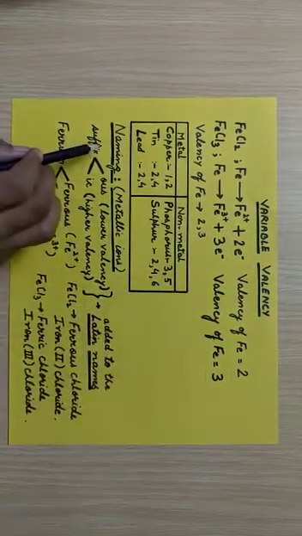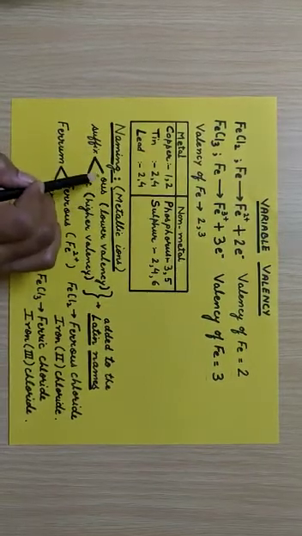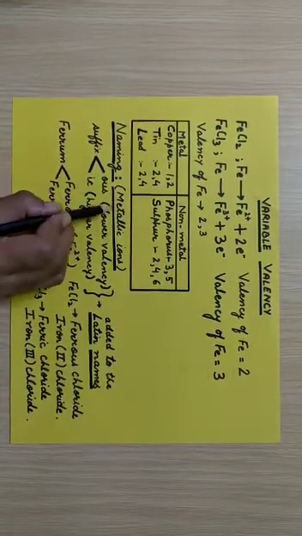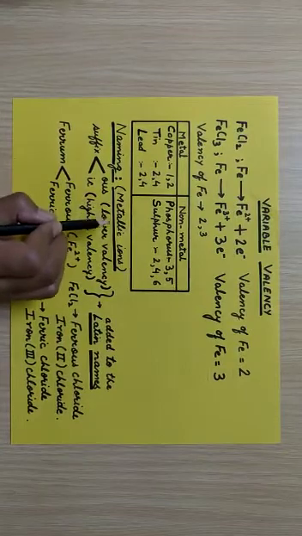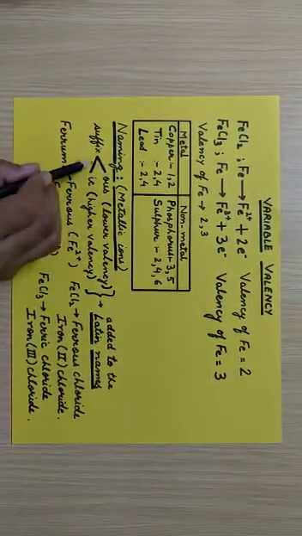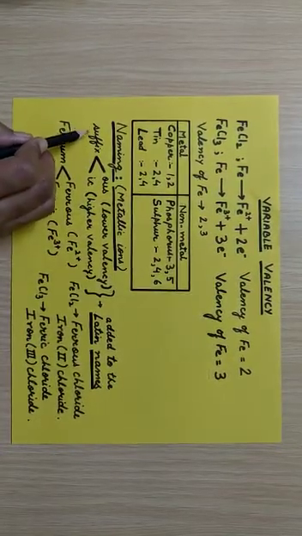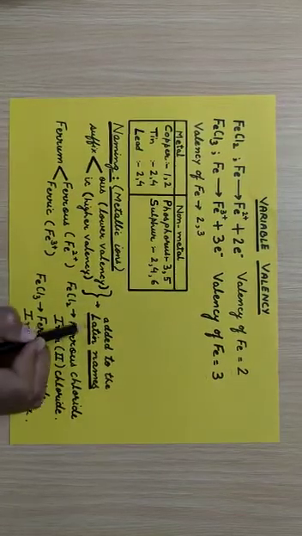Now certain elements are named differently according to the types of valency they show. This naming applies only to the metallic ions. It does not apply to non-metals. So coming to the naming, some suffixes are added to the Latin names of elements.